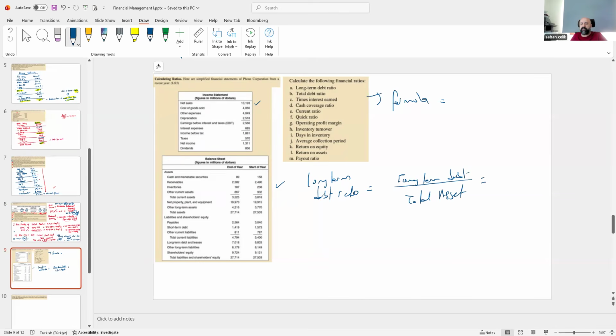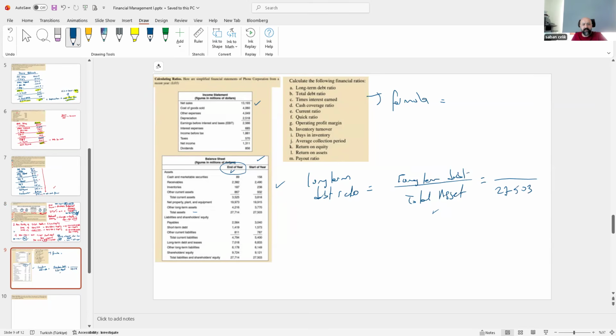Okay. If a ratio is given as it is, then go and look at total. Here in this figure we have end of the year and start of the year. If you have these types of ratio, go and use end of the year figures. So what is total asset? So total liabilities and equities also equals total asset here, 27,503.